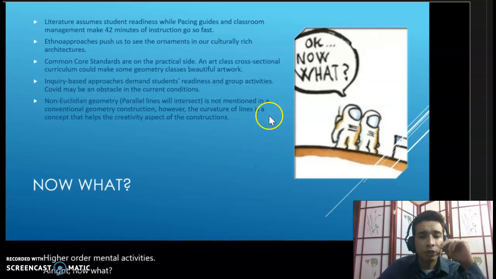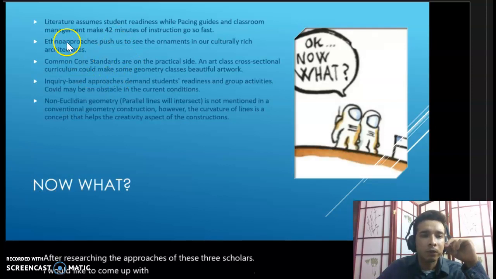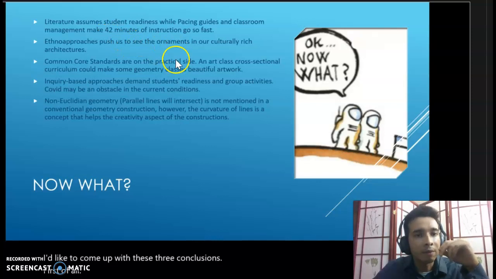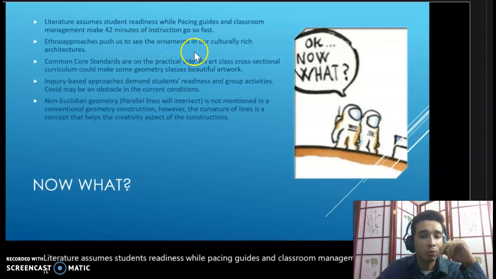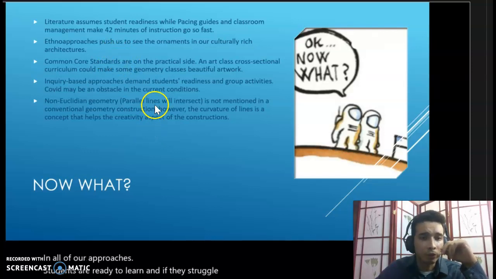After researching the approaches of these three scholars, I'd like to come up with these three conclusions. First of all, literature assumes students' readiness while pacing guides and classroom management make 42 minutes of instruction go so fast. In all of our approaches, students are ready to learn, and if they struggle, we can scaffold.